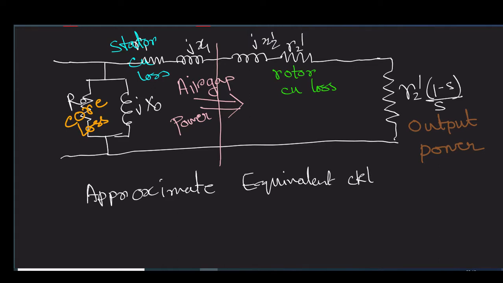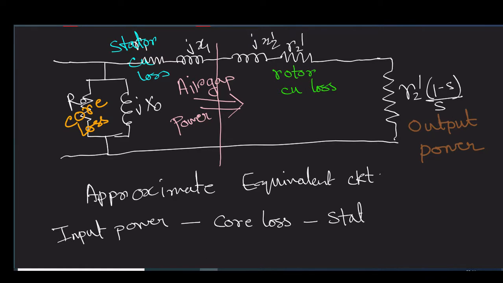Now see what is happening here. With this approximate power flow diagram, if we write it stage wise, first we have input power minus our core loss minus our stator copper loss.